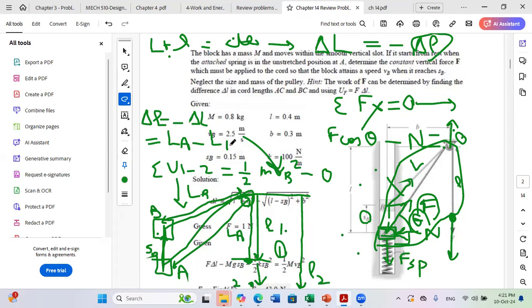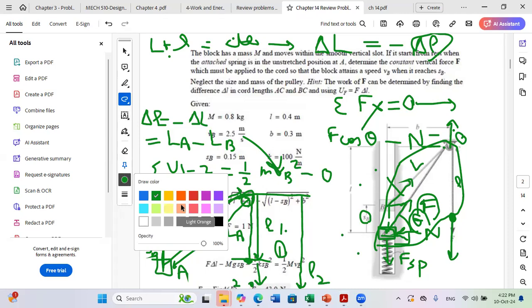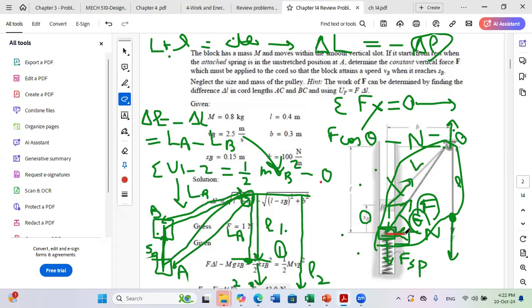And to get LA and LB, it's really simple from geometry of the figure. If you look at your figure, okay, they gave you all information needed to calculate your length, because at position 1, this distance is b. b is given to be 0.3 meters.